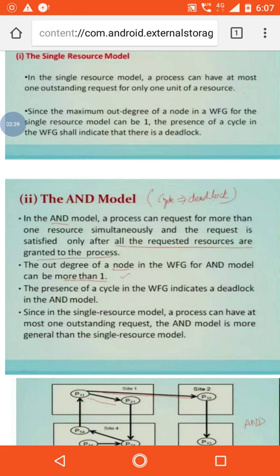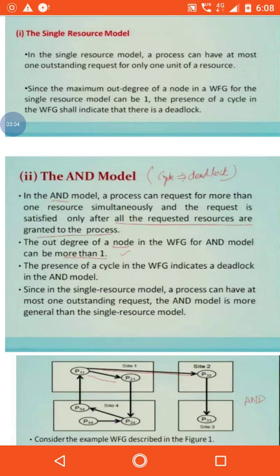If the two resources become idle, then it can use the two resources simultaneously, else it will not use them. In the AND model, the process can request more than one resource simultaneously, and the request is satisfied only after all the requested resources are granted to the process.